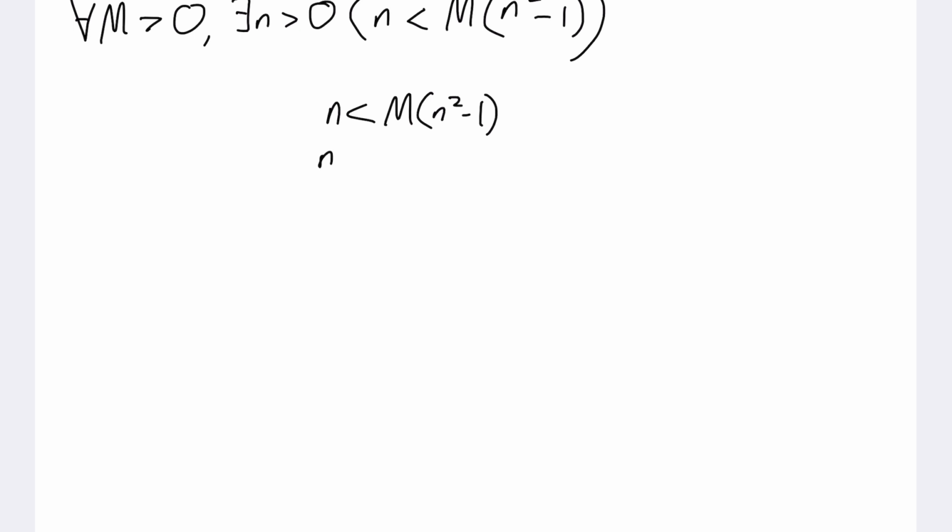So now we're going to have n is less than a factored out n squared times m times 1, because that's n squared divided by n squared, minus 1 over n squared, because that's 1 divided by n squared. So we kind of just made it more complicated, but whatever.